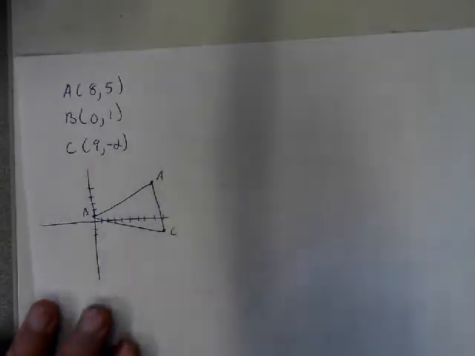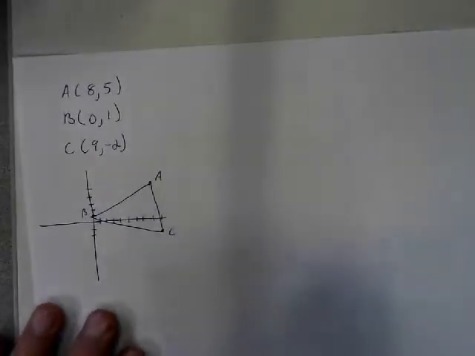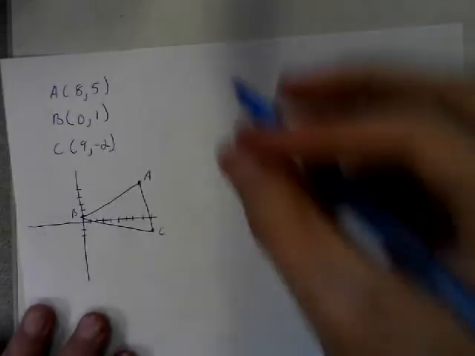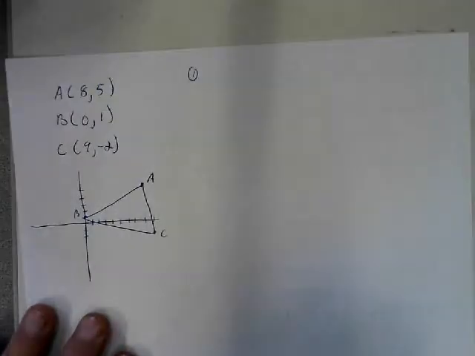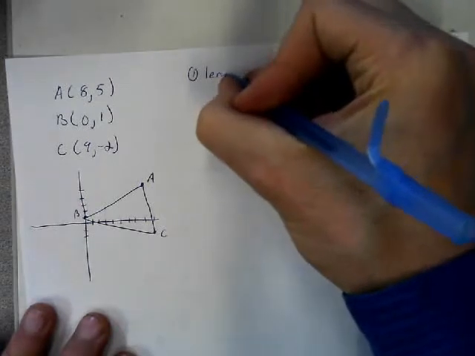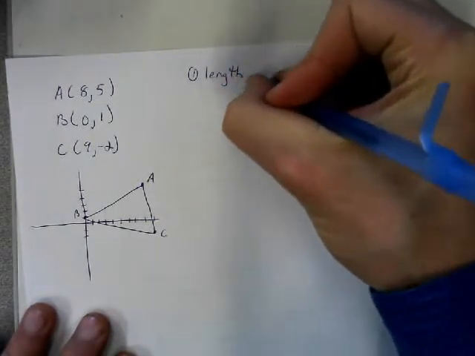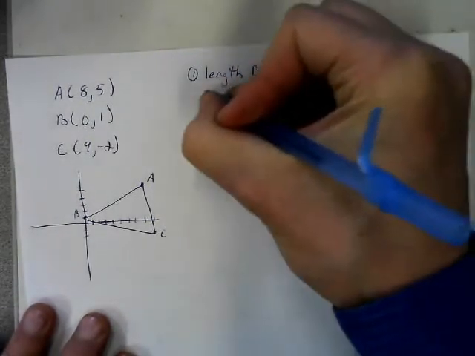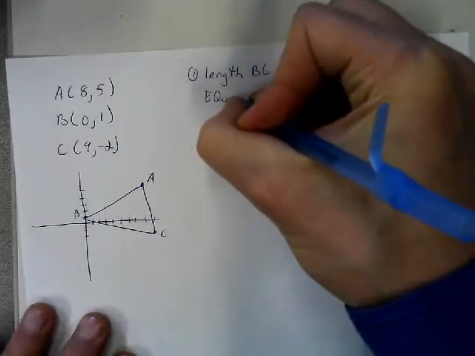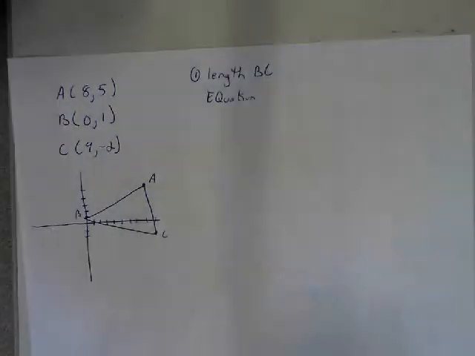So first question, let's find the length of BC, and let's find its equation. So to find the length of BC, let's review the distance formula.